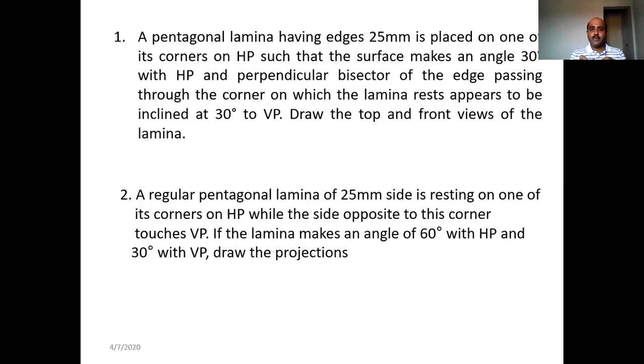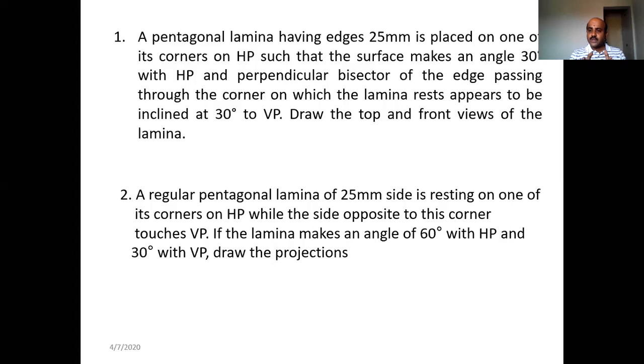The lamina is resting on the corner on HP, while the side opposite to that corner is touching VP. This is another condition he has given. If the lamina makes an angle of 60 degrees with HP and 30 degrees with VP, draw the projection.